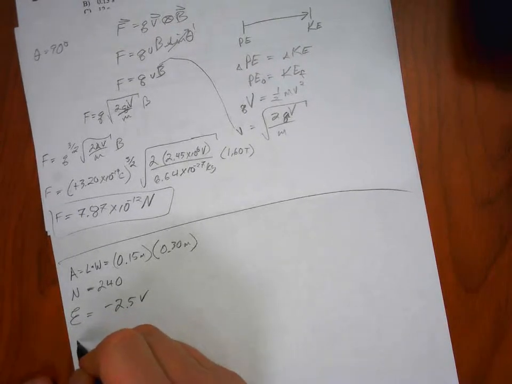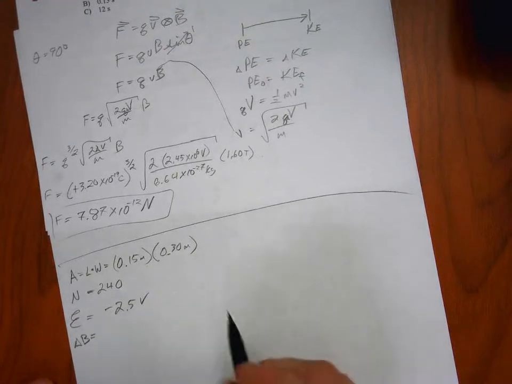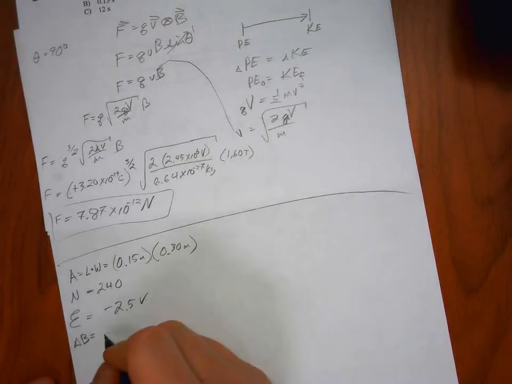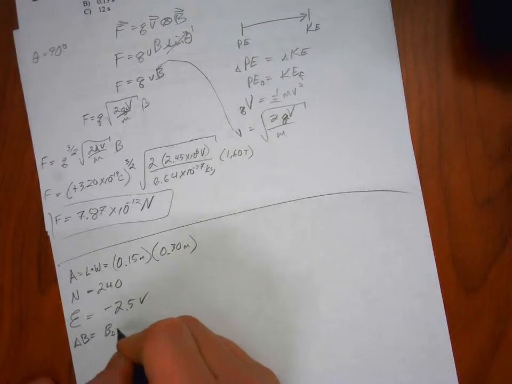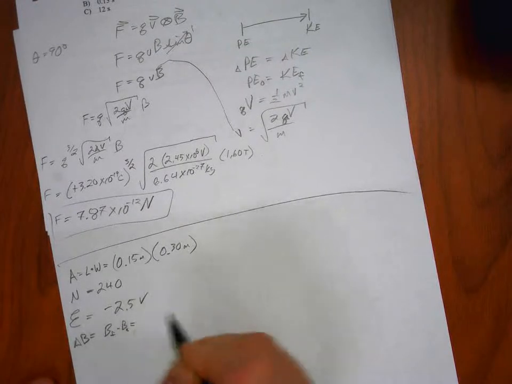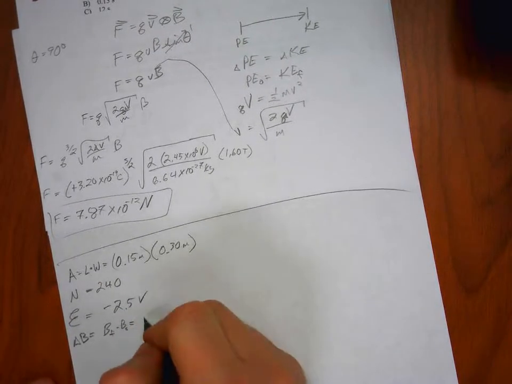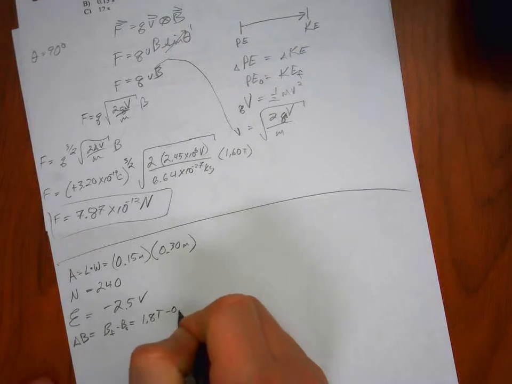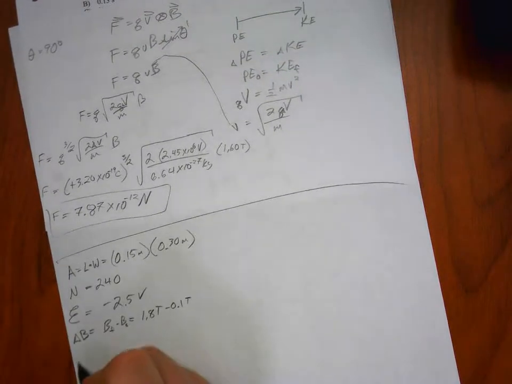And the change in the magnetic field equals final minus initial, B final minus B initial, which is 1.8 Tesla minus 0.1 Tesla. And we don't know what the time interval is.